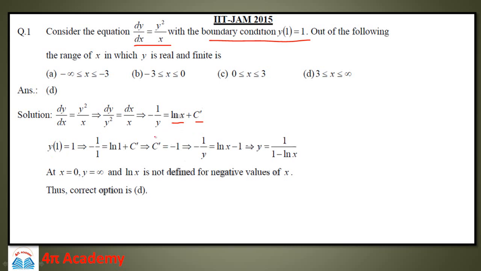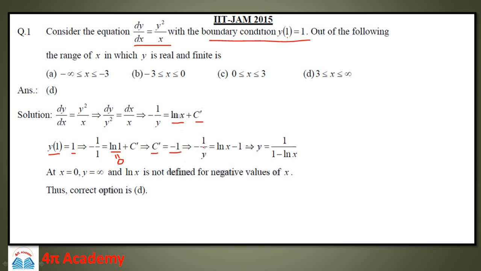Now we substitute the boundary condition y of 1 is equal to 1. Since y of 1 is equal to 1, this will be minus 1 upon y, which is 1, so minus 1 by 1, and it should be equal to log of 1 plus c dash, because here we have to substitute the value of x as 1. Since log of 1 is equal to 0, it implies that c dash is equal to minus 1.